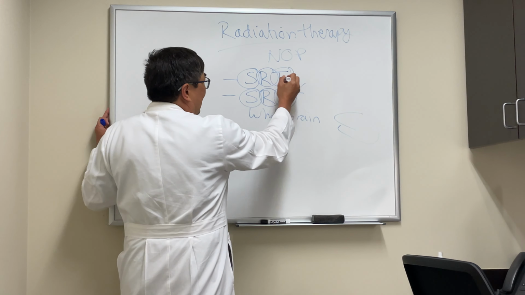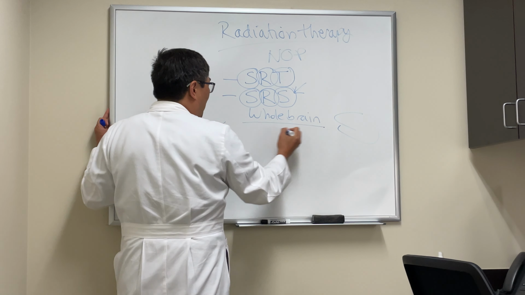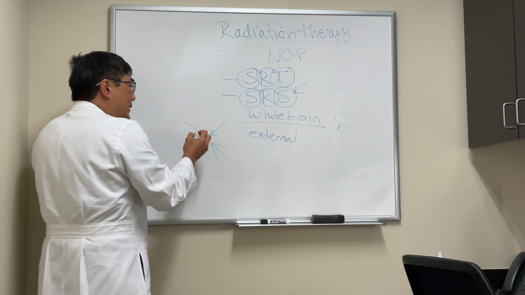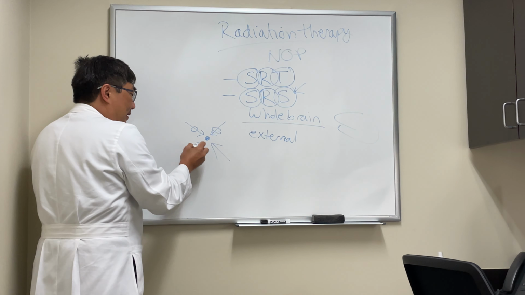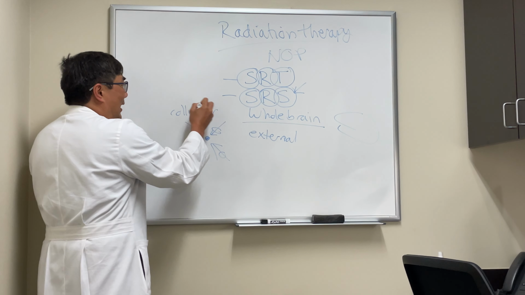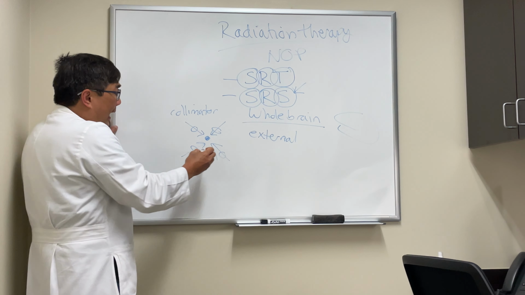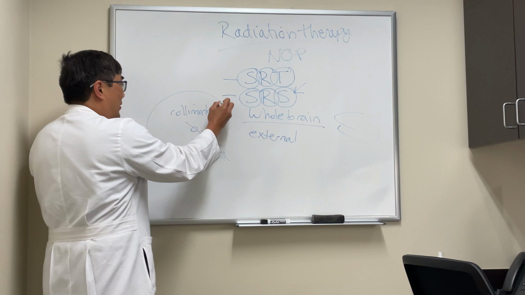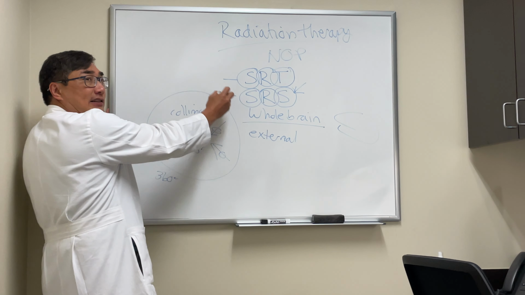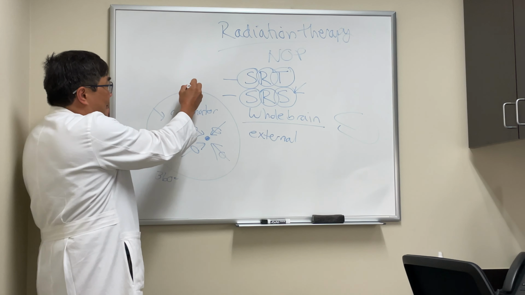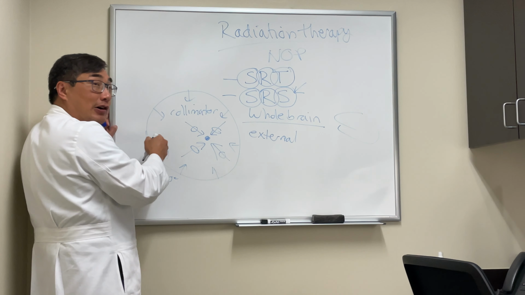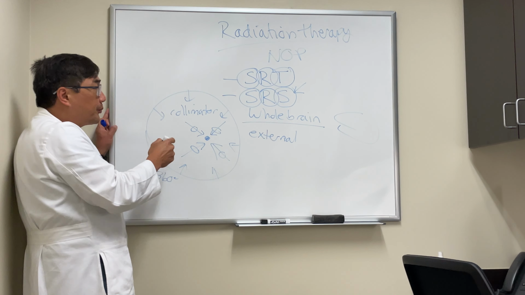In stereotactic radiotherapy, just like whole brain, it's an external radiation source, and we can collimate the beam with a collimator. A collimator allows us to focus the beam, and we have a gantry apparatus that goes around the patient 360 degrees like this to allow us to have multiple ports that we can open and close to deliver the radiation dose.